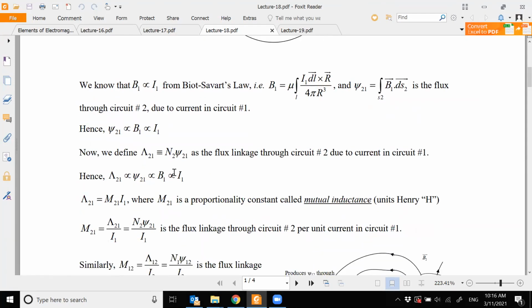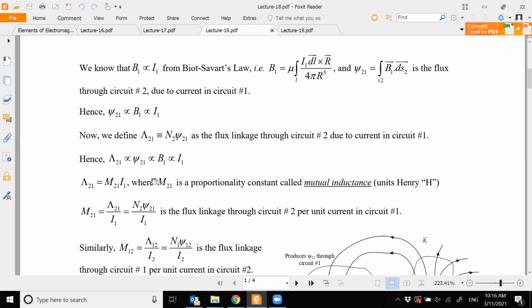And this proportionality, I'm removing by putting a proportionality constant, which is called M21. So uppercase lambda, the flux linkage 21, is M21 times I1. And this M21, the proportionality constant, is called the mutual inductance, and its unit is Henry.